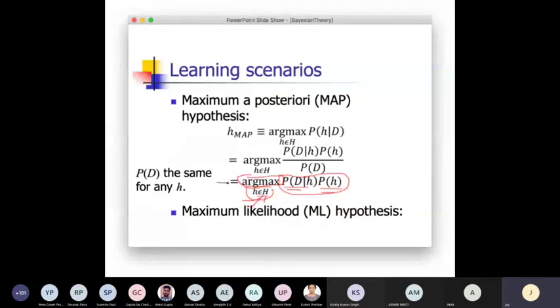So in the maximum likelihood hypothesis, where we have less computation, we can simply compute this likelihood of the data for every hypothesis, and choose the hypothesis which maximizes this likelihood, which I can write in an equivalent way as the hypothesis where this maximization occurs. Any questions till now? Okay, so let me proceed.